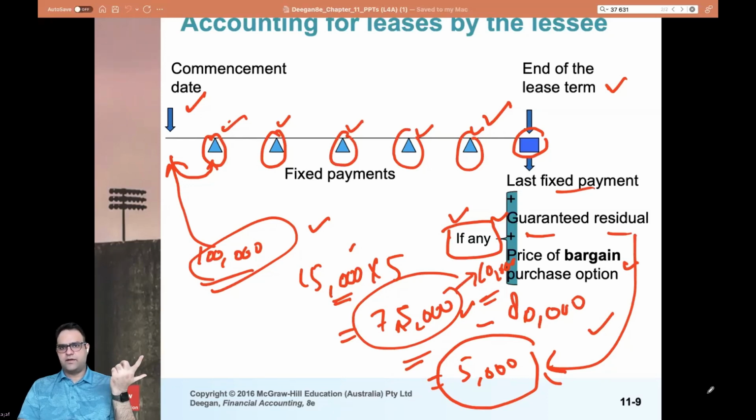And normally this will happen because it's already given in the contract. So if the price of the bargain purchase option is given in the question, we have to assume that the asset remains with the lessee, not with the lessor. Whereas if a guaranteed residual is given in the question, it does not ensure who the asset will remain with.